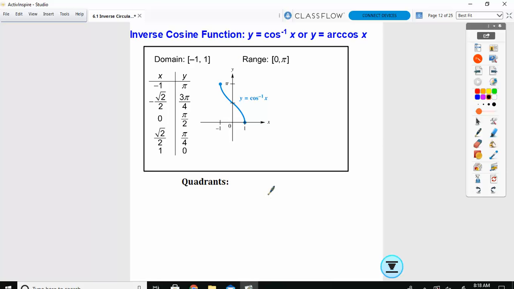It's from your book, but really I'm not going to ask you to graph these. I'm not going to ask you to list the domain and range. What I'm going to ask is if it's cosine inverse, what quadrants can you be in? Cosine is positive in quadrant 1, and we need a negative quadrant. It's negative in quadrant 2. So that's what you need to know here. Cosine inverse can be in quadrants 1 or 2.